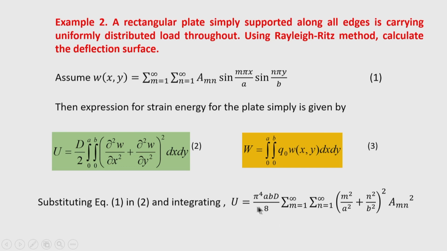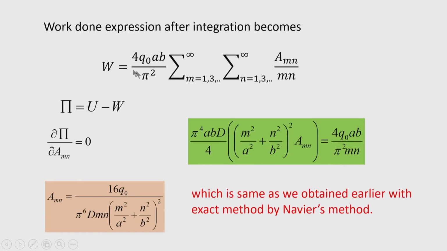So, this is the strain energy of the plate, and the work done due to external loading is expressed in this form. Okay. 4 q naught a b divided by pi square, summation m equal to 1, 3, odd number of terms will be there, as we have seen in the case of Navier's method, and also for n only odd terms will be contributing to the work done.